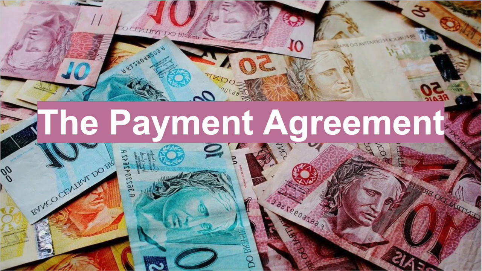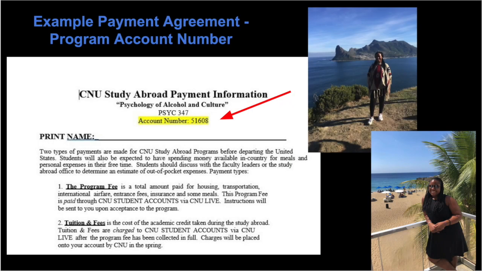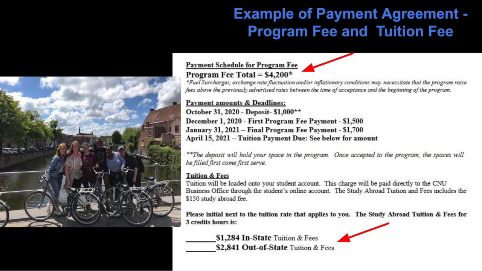The payment agreement. Every study abroad program has its own account number, highlighted in yellow at the top of the payment agreement. This document will spell out the deadlines for the program fee, as well as the amount of tuition due for the associated CNU course.